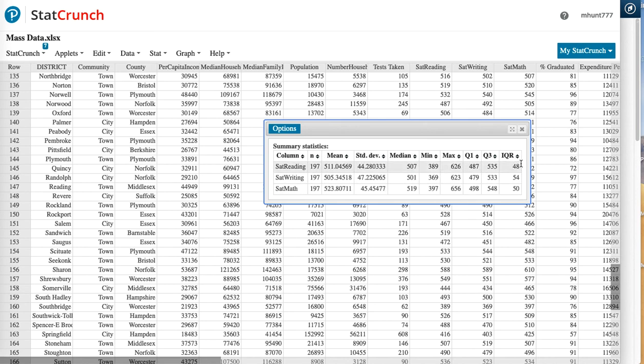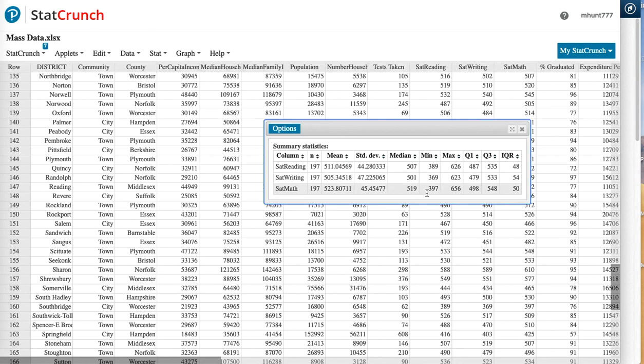And if I look at the IQRs, the largest variability is in SAT writing, SAT math is a little bit better than SAT reading, and the smallest is in SAT reading.